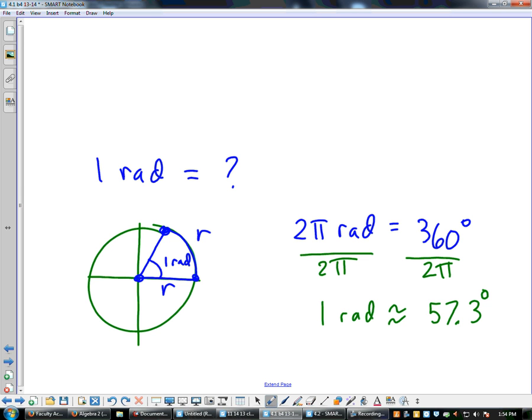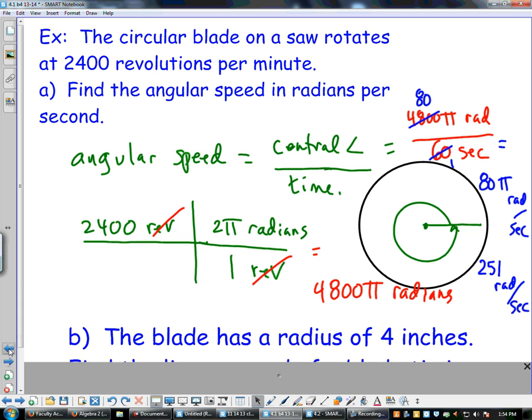And that angle that I just drew, which is 1 radian, also measures how much in degrees? 57.3 approximately. Everybody agree? Does that make sense? So when you're talking about 1 radian, think of about 57 degrees approximately. Okay? All right, so are we okay with this example?